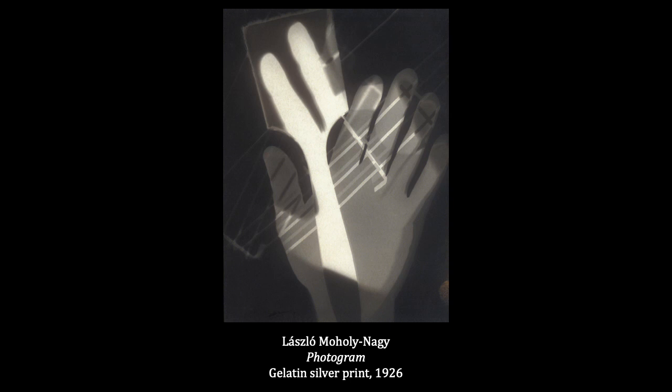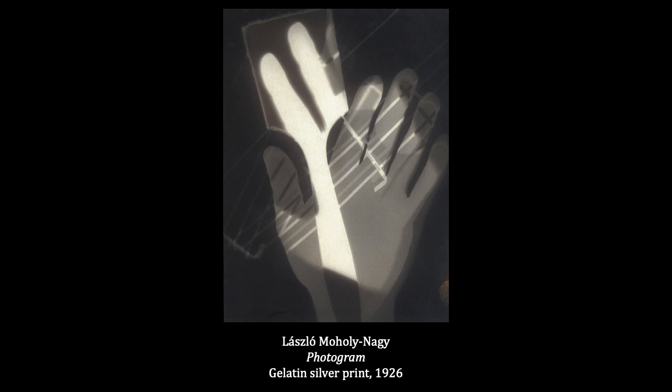Some of Moholy-Nagy's work is the photogram. A photogram is simply this: if you go into a darkroom, if you're doing it old school, you have the enlarger that shines the light down. You put your sheet of photo paper under the enlarger. Whereas normally you would put your negative, with the photogram you don't always put a negative. You just start putting stuff on top of the paper.